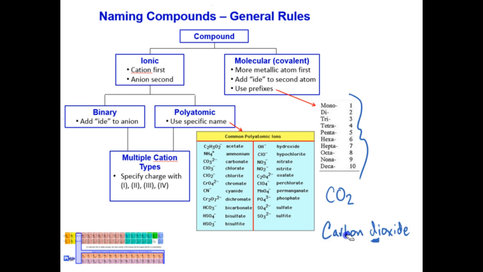So we can go ahead and take a look at a classic one that doesn't often get this name, but H2O is, here we've got 2 hydrogen, so it's dihydrogen oxide. And you notice that, again, we're adding the IDE ending.